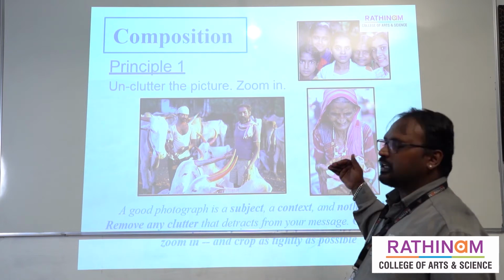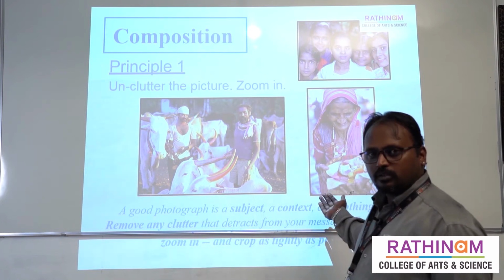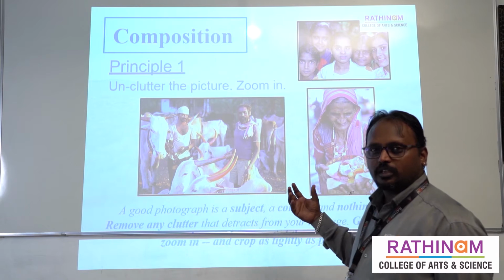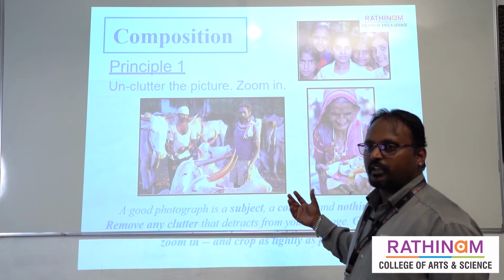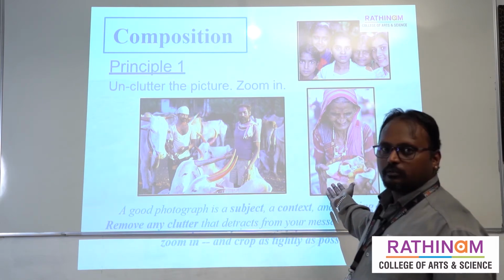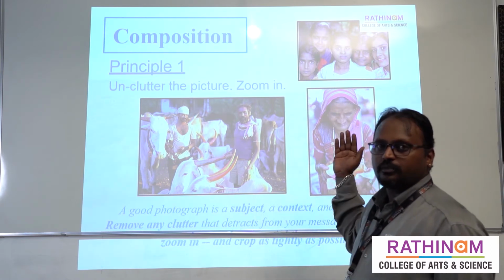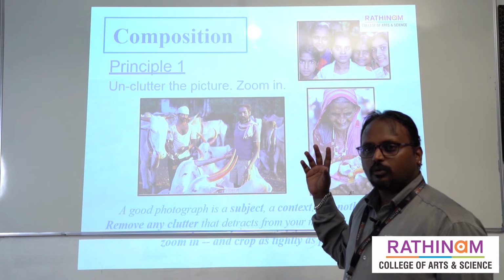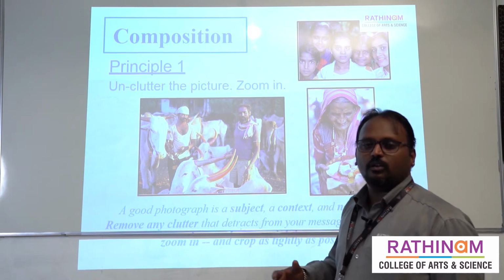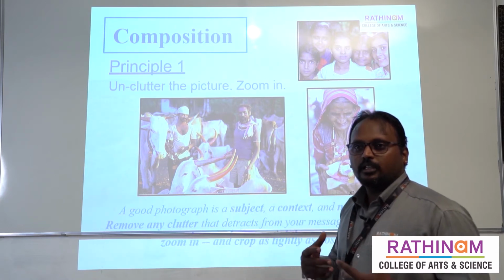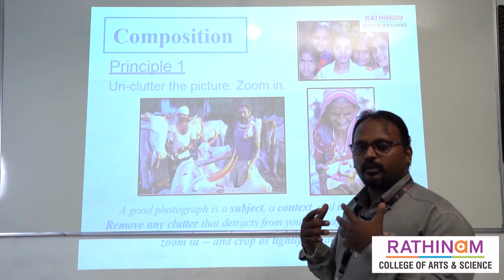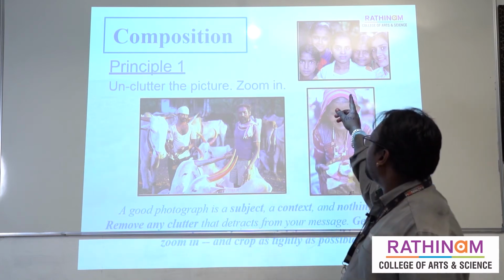In this photograph, we want to capture the emotion or expression of people, so we can go very close. And this is also four girls' faces. If we want to capture the expression, the feelings or the emotion, we can go very close up. Our frame should be like that.